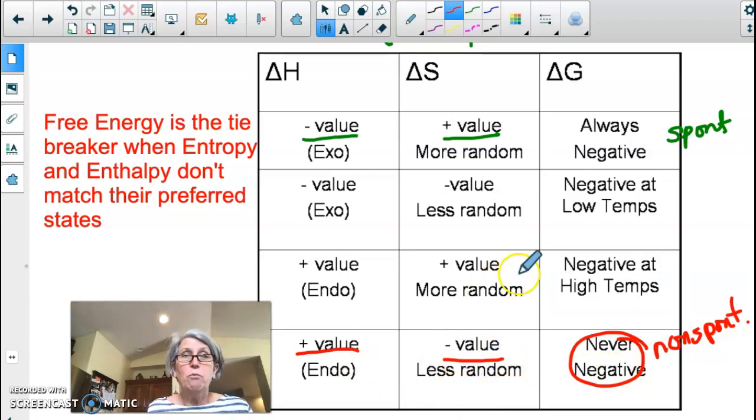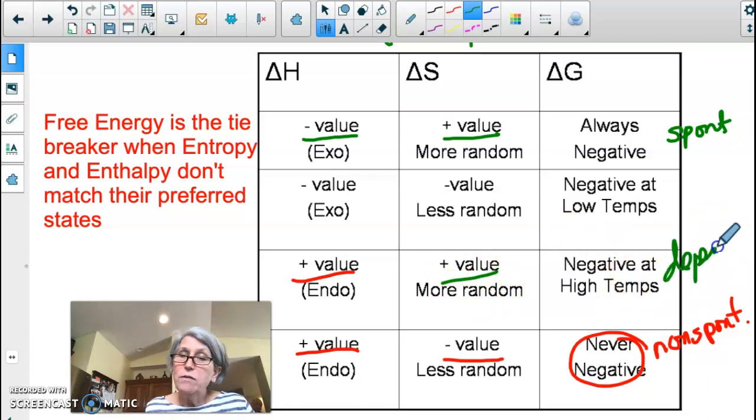But the question really becomes, what happens when you have an endothermic reaction in terms of delta H, which is the way nature does not prefer it, and then the system becomes more random, which is the way nature does prefer it? Then it depends.